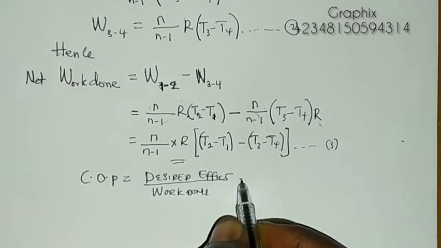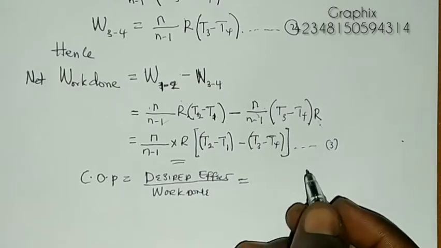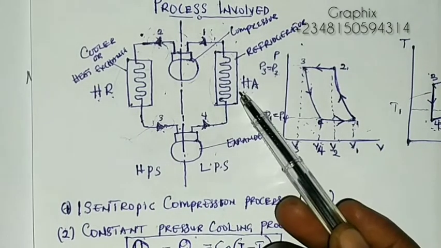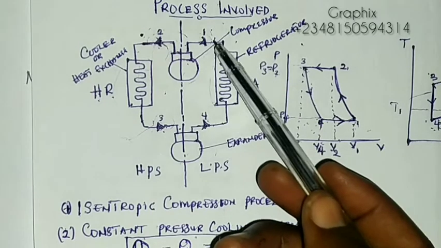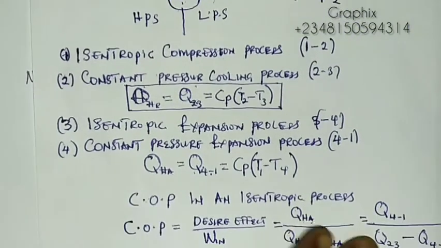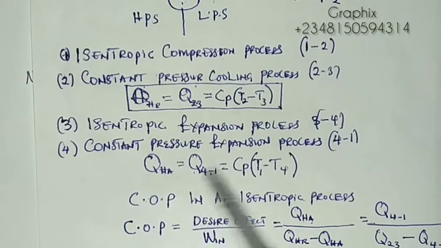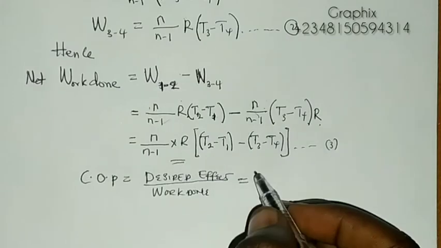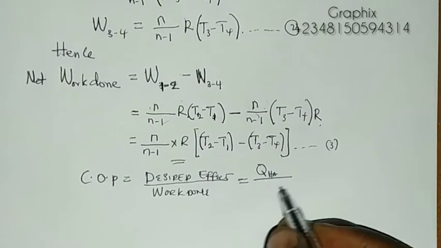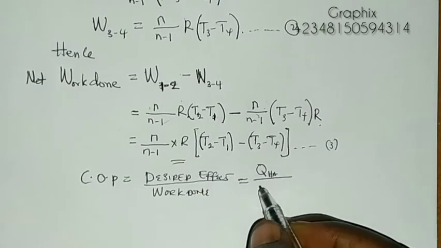Our desired effect is the cooling, and the desired effect happens at the refrigerator, which is here, and that is between state 4 and 1. So we have T1 minus T4. So we're going to look for that aspect. So COP will be at state 4 and 1, so the heat absorbed, all over the work done.